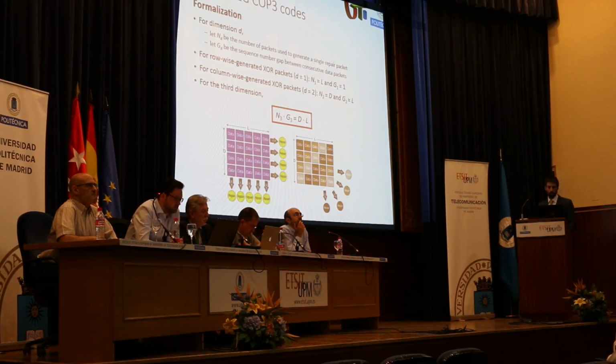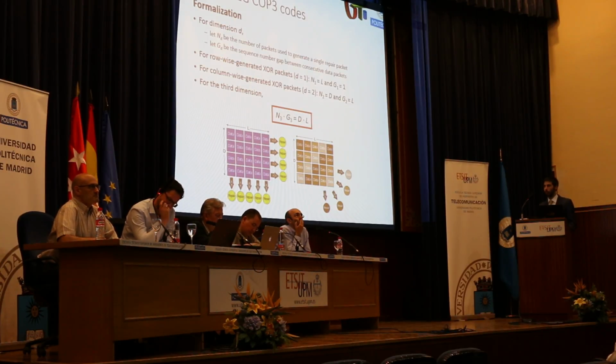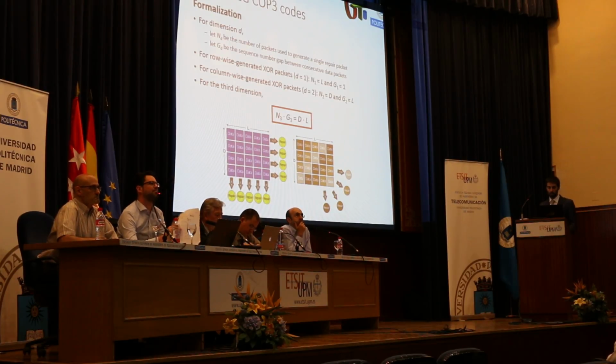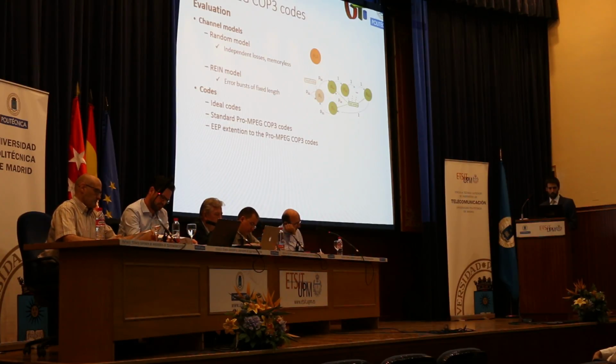For this new third dimension, we'll use the numbers n and g sub 3, which can take whichever value we want, only if they meet the condition that is expressed there, which is imposed to guarantee that all the data packets that are used to generate redundancy of this third dimension are within the FEC block and not before or after it.